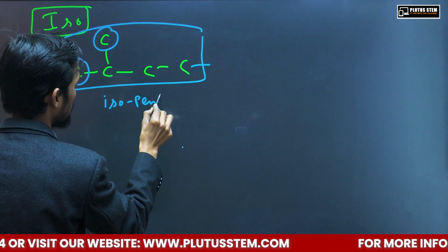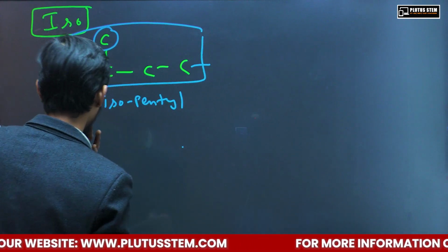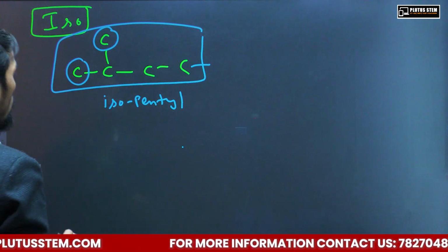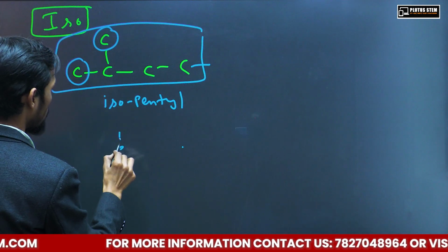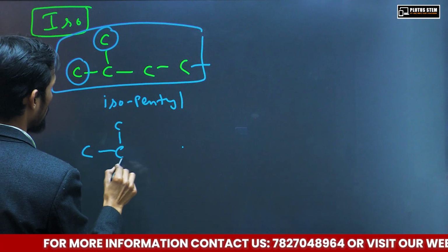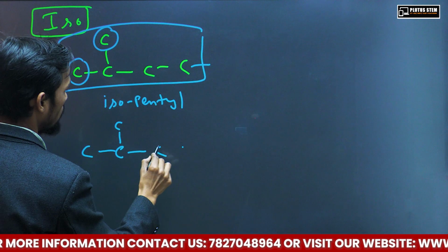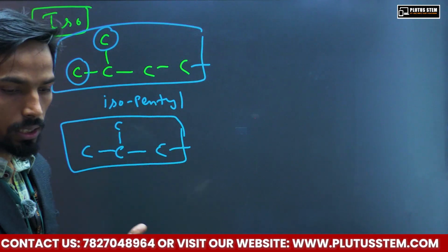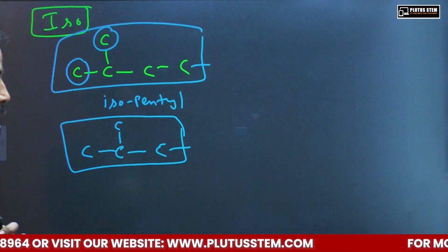Isopentyl we can call it. Clear or not? If we have this type of moiety like this, we can call it isobutyl.